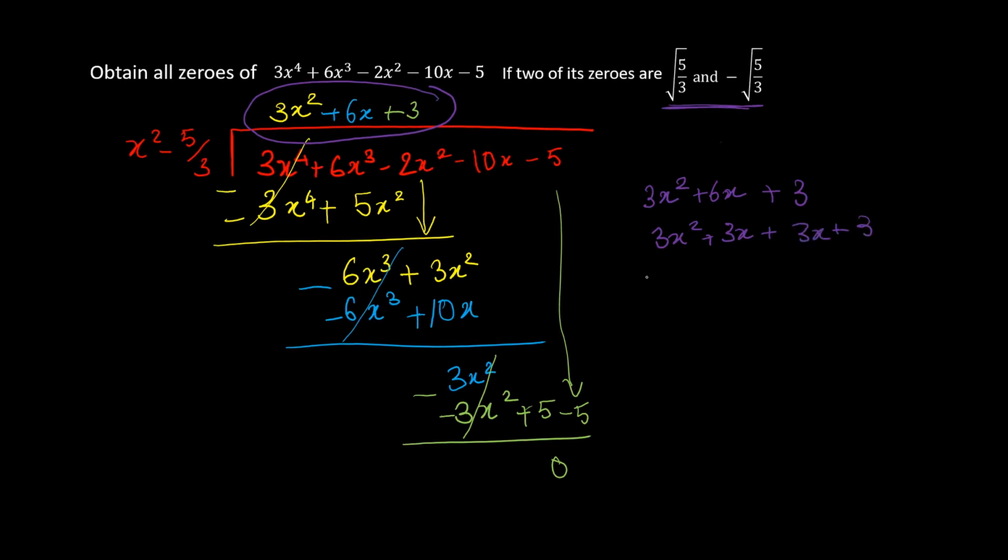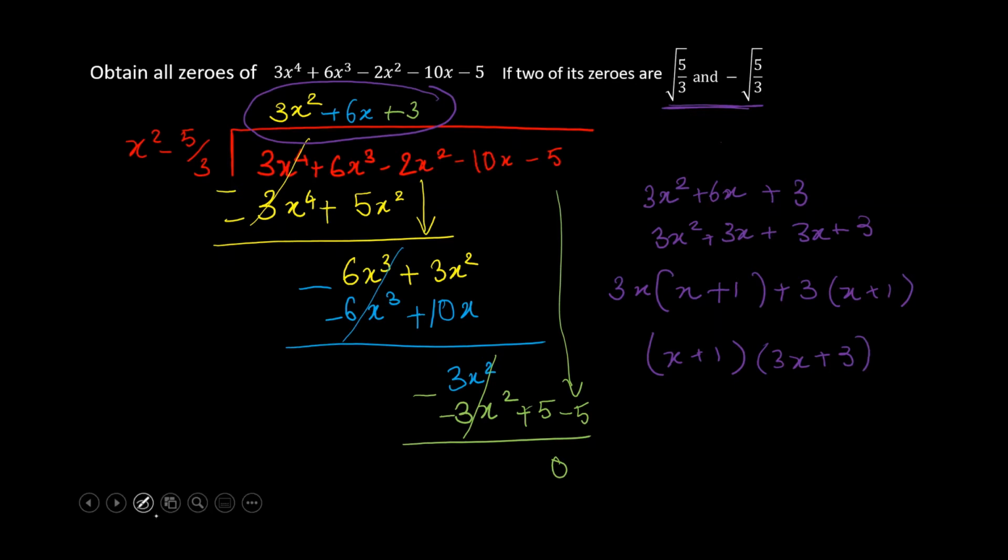And then I'll take 3x common here. I'll get x plus 1. Let me write it properly. I get an x plus 1, and I'll take 3 common again. I'll get another x plus 1. Now I'll take 3x and 3 common, so I'll take x plus 1 common, so I'll get x plus 1 and the remaining two will be 3x plus 3.